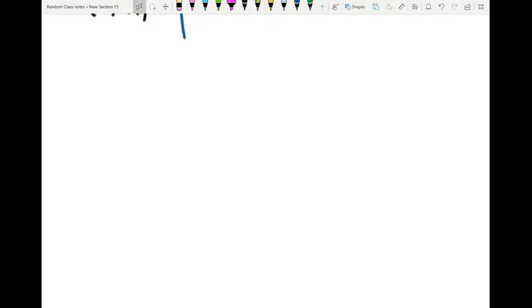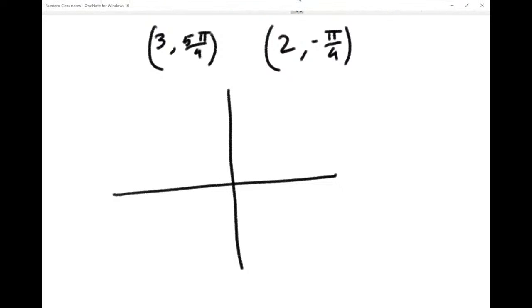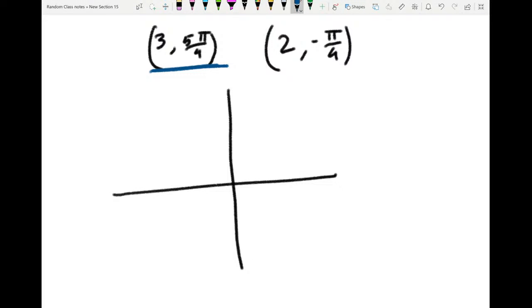So let's look at, can we draw 3 comma 5 pi over 4 and 2 comma negative pi over 4? I'm going to use blue color for this part. 5 pi over 4 is more than 180 degrees, so the angle is roughly somewhere over here. That's 5 pi over 4. When you are graphing it, you don't have to be exact.